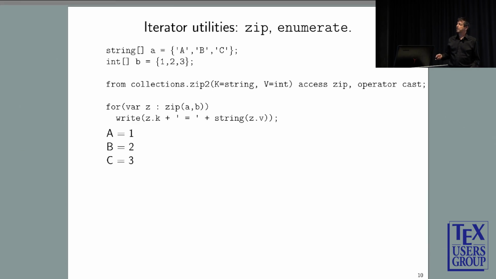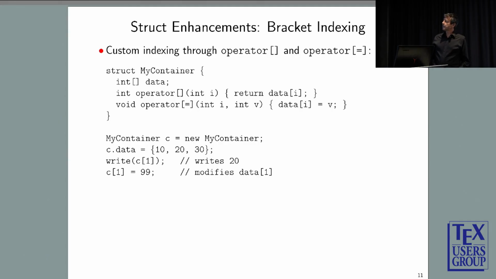You can zip them together of the same type or different types. Also, there are these bracket operators. If you define your own structure, you might want to define what the bracket operator does on that structure. That's quite convenient. We couldn't do things like this before. These are all enhancements to the language.